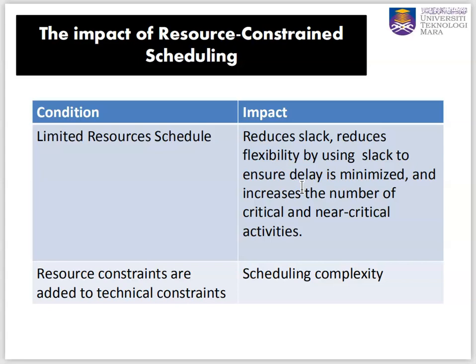So when we have a constraint in resources, we actually have less flexibility over our project. We might have minimum slacks and more critical activities, which cannot be played around with, and the scheduling will become more complex.